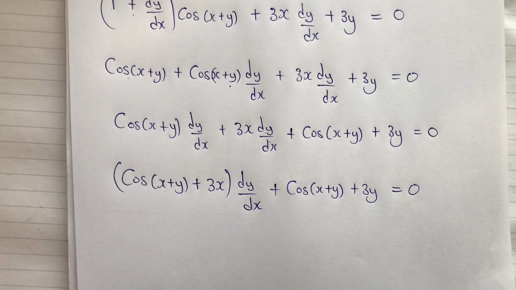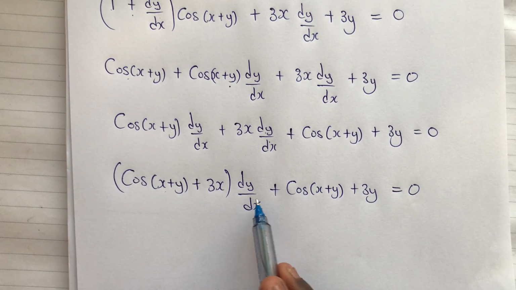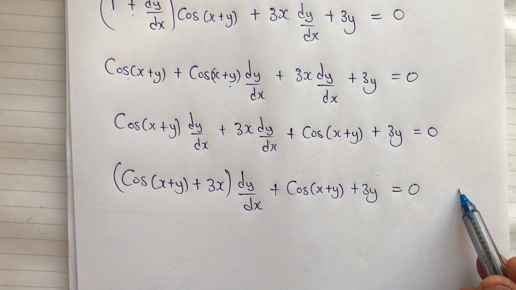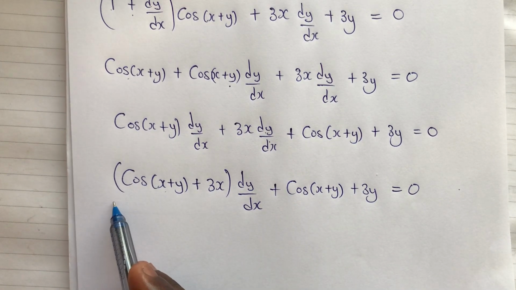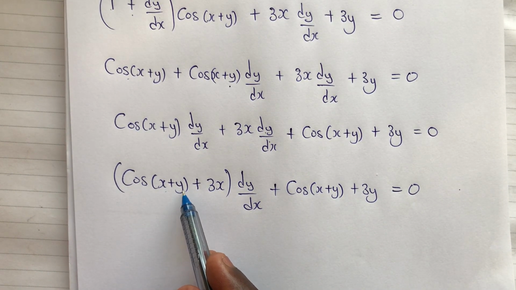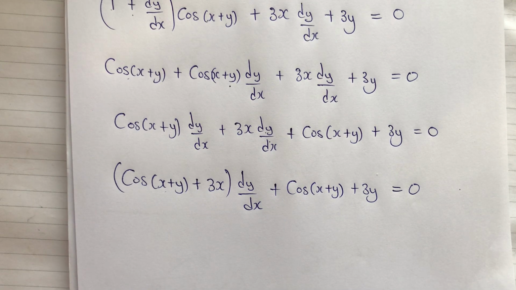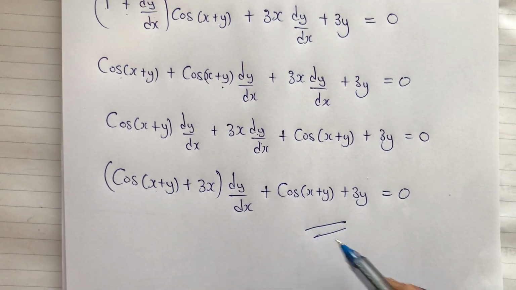You can leave your answer here, we are done. Or if you want to continue further, you can take this to the right-hand side of the equation and divide through by cos(x + y) plus 3x to make dy/dx the subject. That is a choice you need to make on your own. So we end it here.